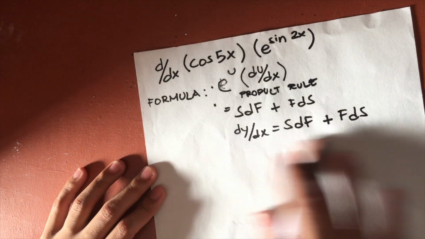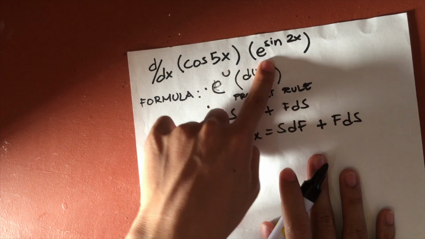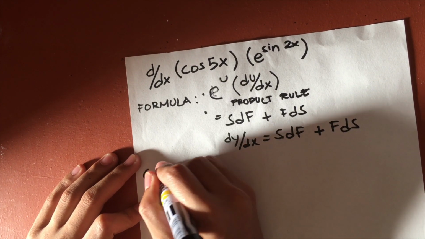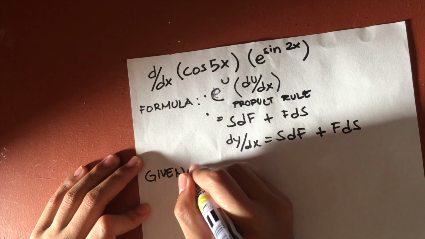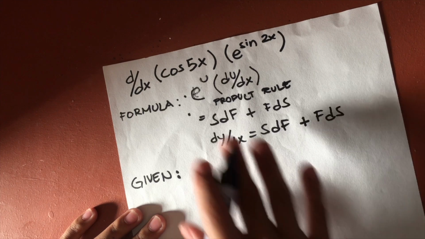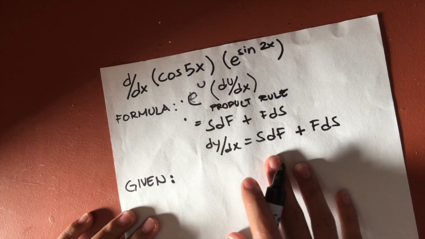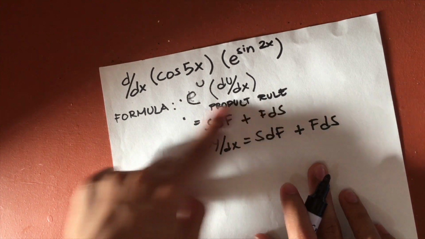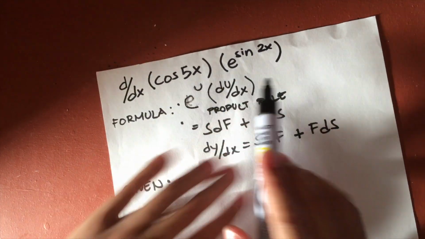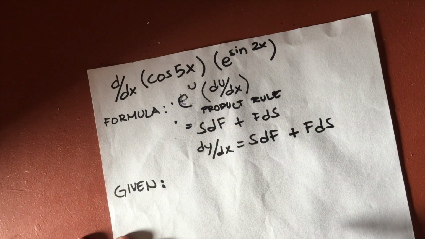Now, the next part we'll do is to find the given, so that we could easily answer our equation. The given here are the first and second in the product rule, because first we should apply the product rule so that we can easily answer this kind of problem.